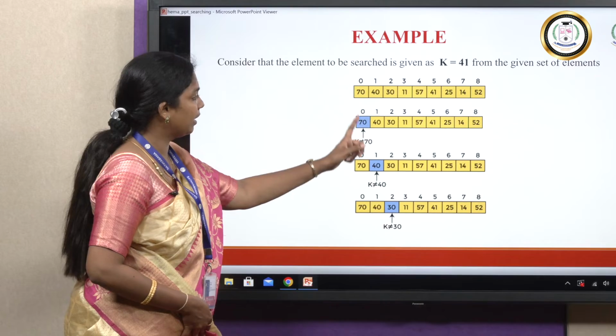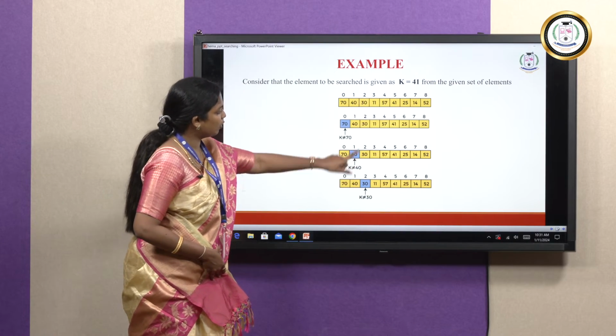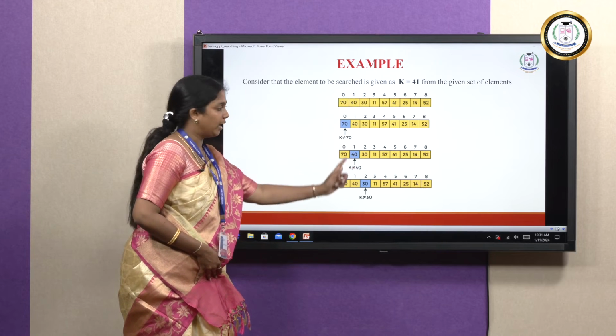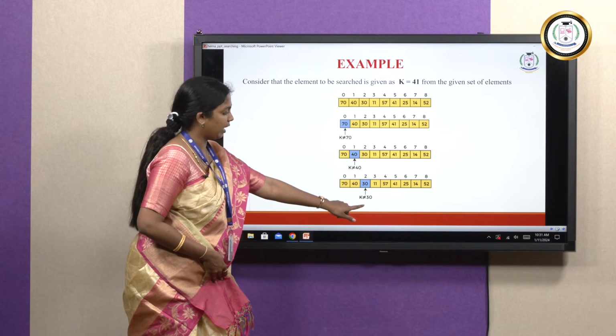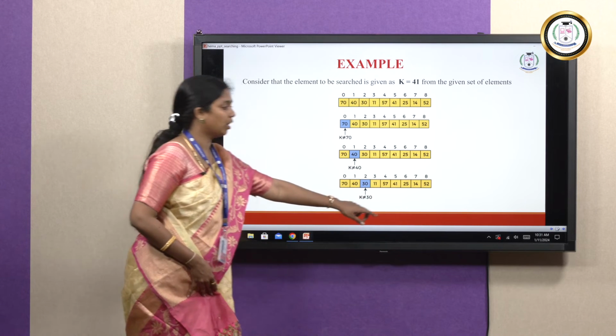Again 40 is not equal to 41. The iteration moves to the next element and checks whether 41 is equal to 30. Still it is not matching.